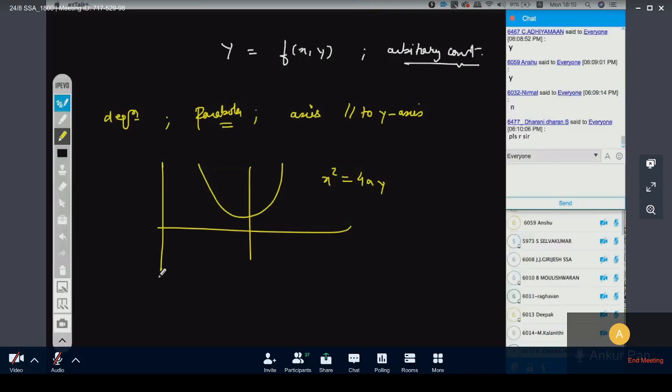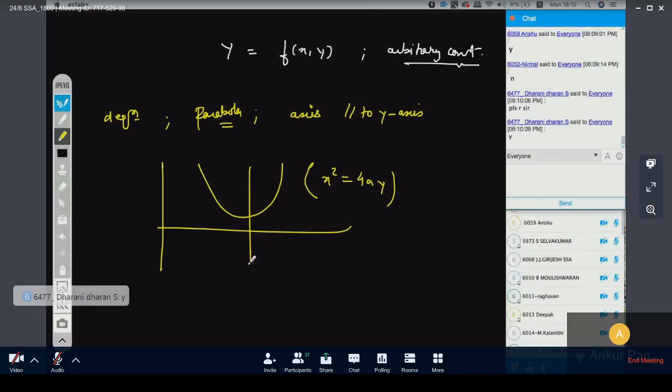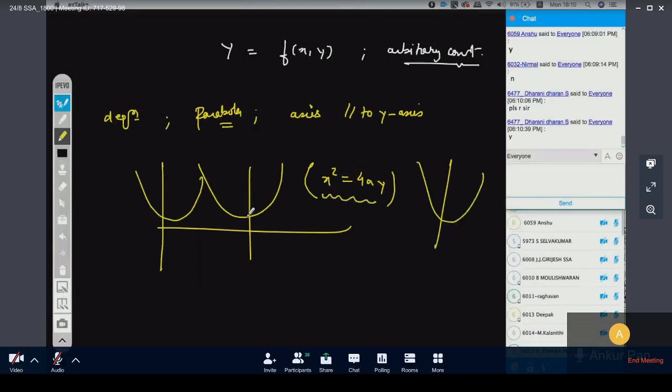Surely this type of parabola will have this as an equation, no doubt in that. But they are saying all the parabolas whose axis is parallel to y-axis. That means this should also be included, somewhere here should also be included. But your equation is only including parabolas here, right or not?